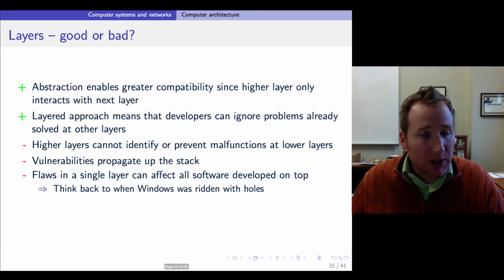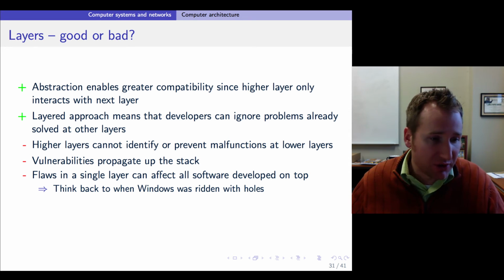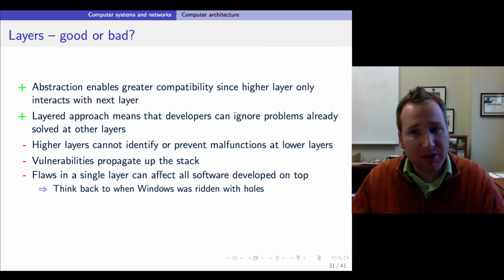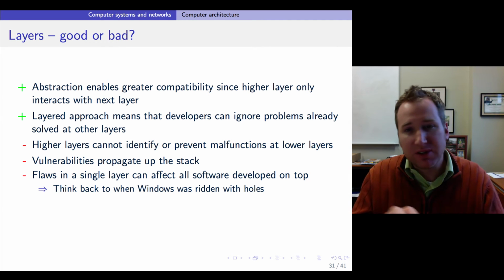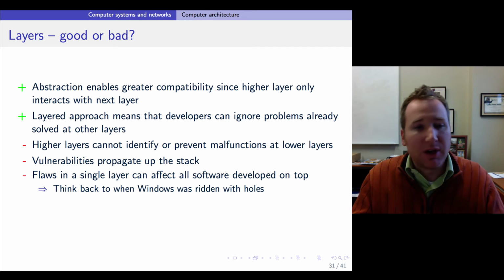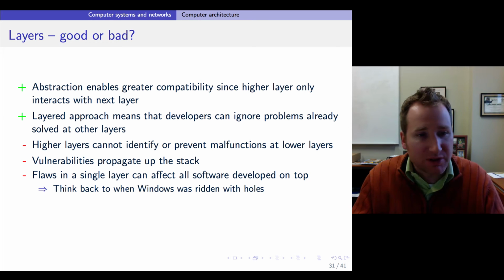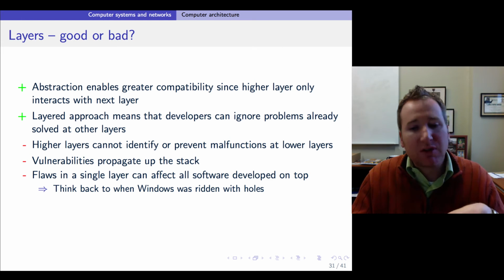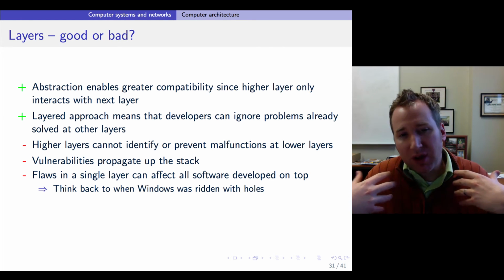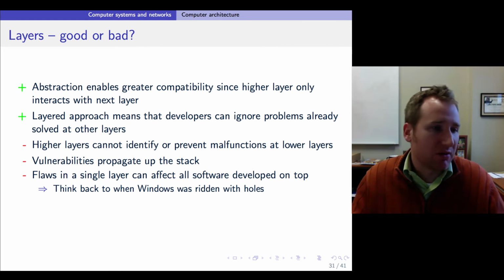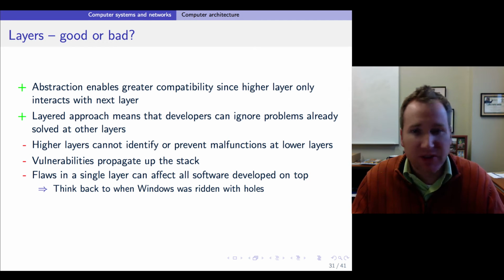So the question is, are these layers a good or a bad thing? Well, on the plus side, they enable greater compatibility, since each layer only needs to concern itself with the adjacent layers. And this means that developers can safely ignore problems that are already solved in other layers. If you are writing a web browser, you don't need to think about how the hardware works on a machine and how that interfaces to the operating system.